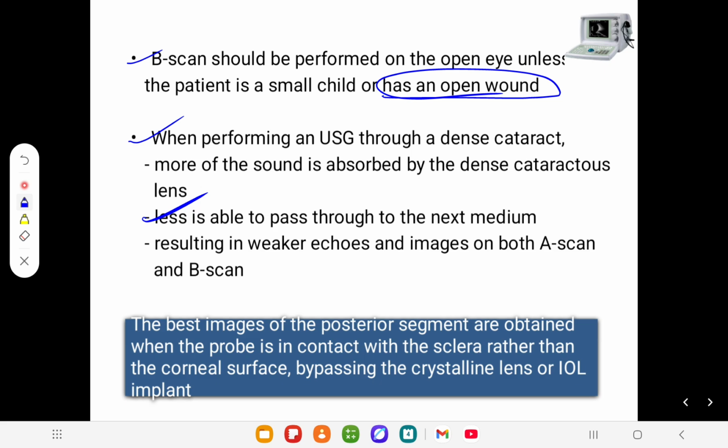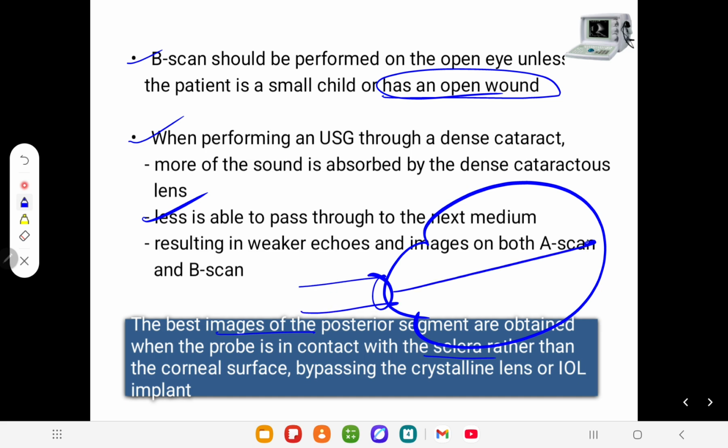So the best images of the posterior segment are obtained when the probe is in contact with the sclera, rather than the corneal surface, bypassing the crystalline lens. Let me draw it for you. Suppose the probe is placed directly here. If the media is cataractous, send the sound from the sclera instead, because if you send sound from here you will avoid the lens.